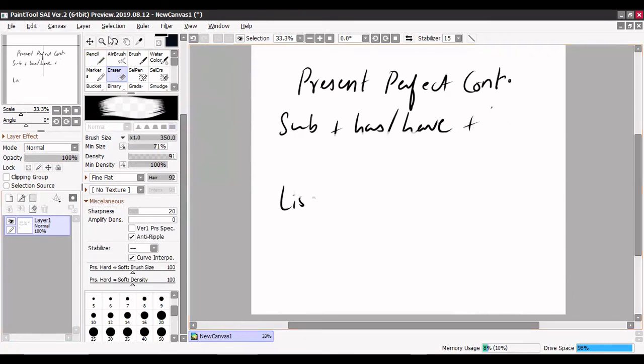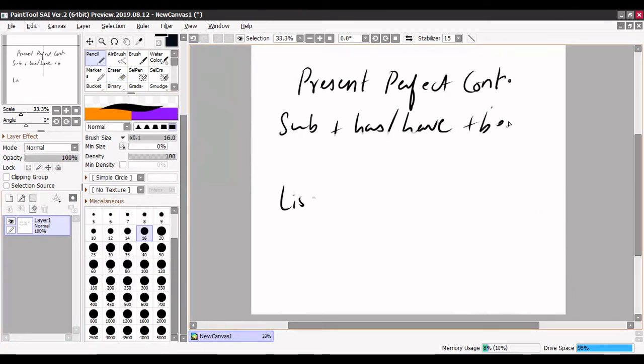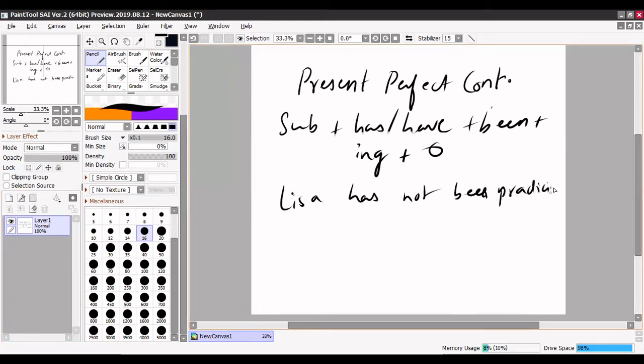plus have, has, plus been, plus being, plus third form of verb, plus object. So you can already see, even in the present tense, that the present perfect continuous formula is quite complicated.